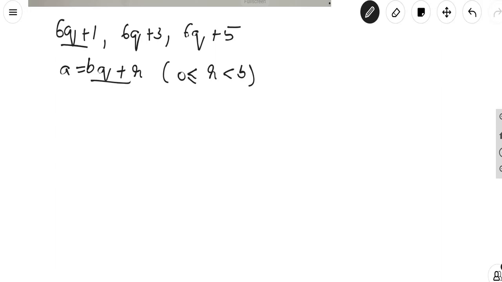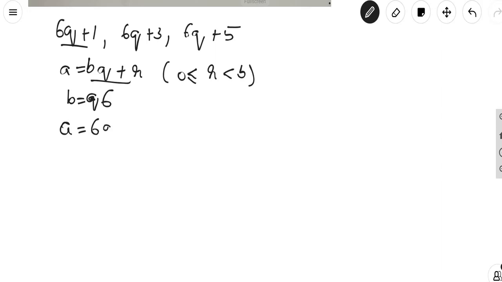Now if you compare this equation and this equation, we'll come to know that b is equal to 6. And one more thing we will come to know is that r is greater than or equal to 0 and less than b.